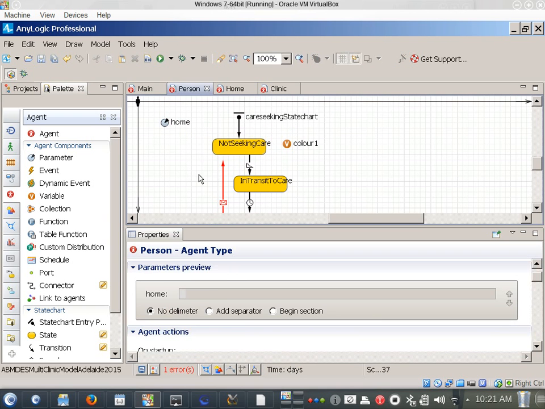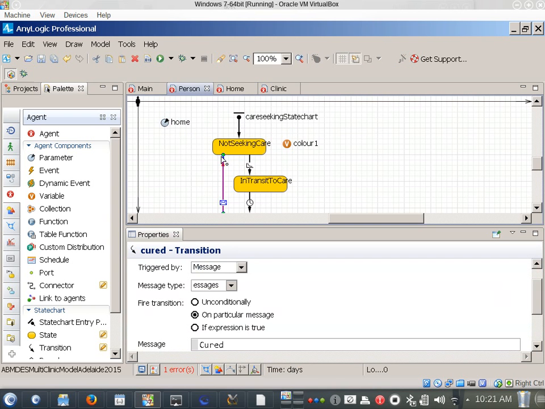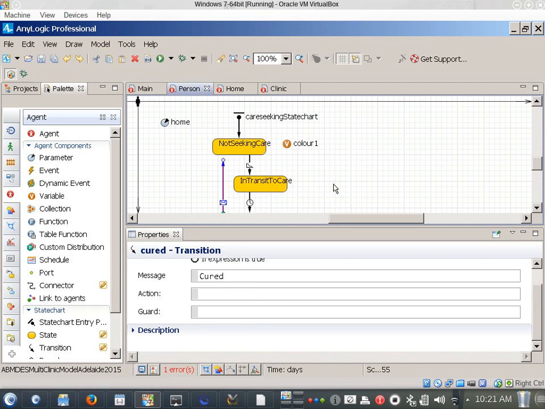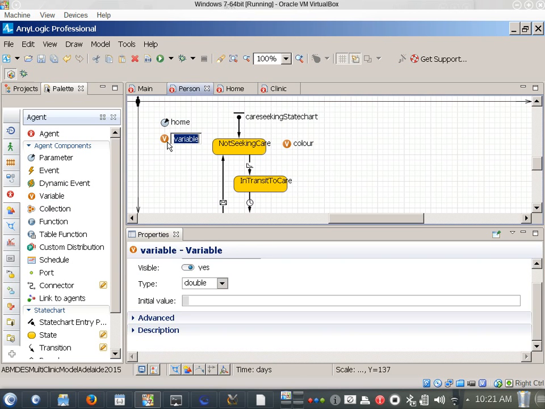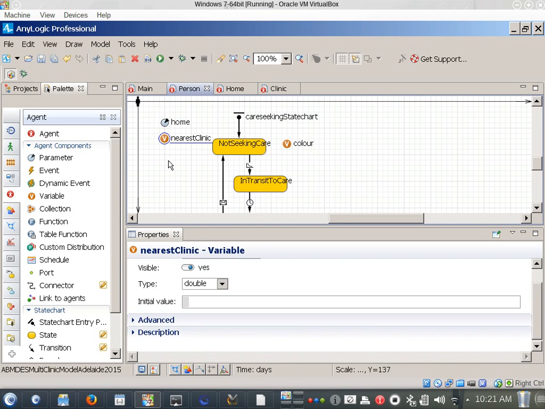There'll be a variable we introduced to person called nearest clinic. And guess what type that will be?